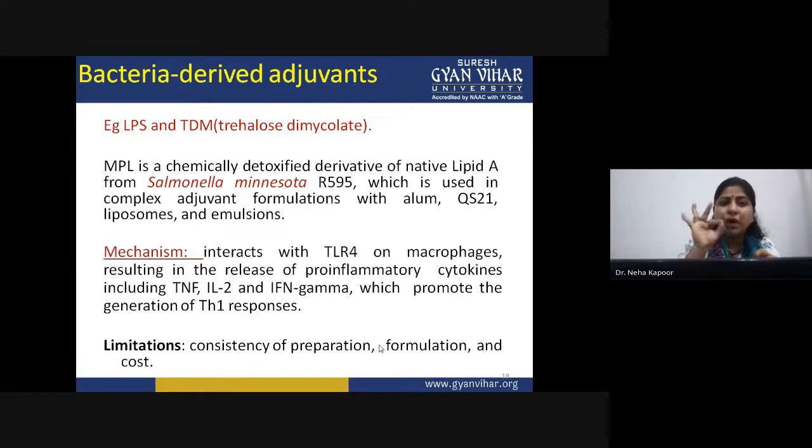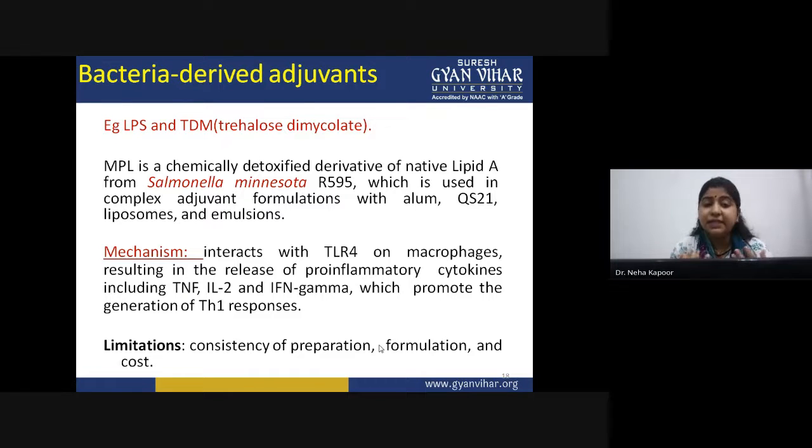That means once this adjuvant interacts with the toll-like receptor TLR on the macrophages, it will trigger the production of inflammatory cytokines, including tumor necrosis factor, interleukin 2, interferon gamma, because of which the T helper 1 response is mounted and a strong immune response is observed against the particular antigen.